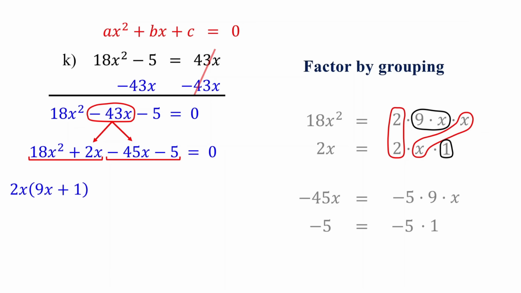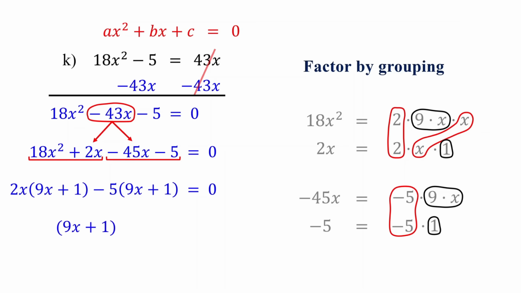In the second group, the GCF is negative 5, leaving 9x plus 1 as the other factor. Notice that the factors inside the parentheses are the same for both groups, indicating that you are on the right track. Next, factor out 9x plus 1, which leaves 2x minus 5 as the other factor.